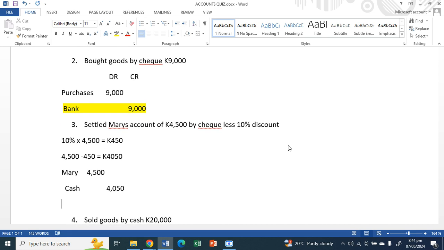This is like a saving to us. So a saving will be treated like a form of income. So an increase in income, you credit according to the double entry rules. So discount received, 450 kwacha.